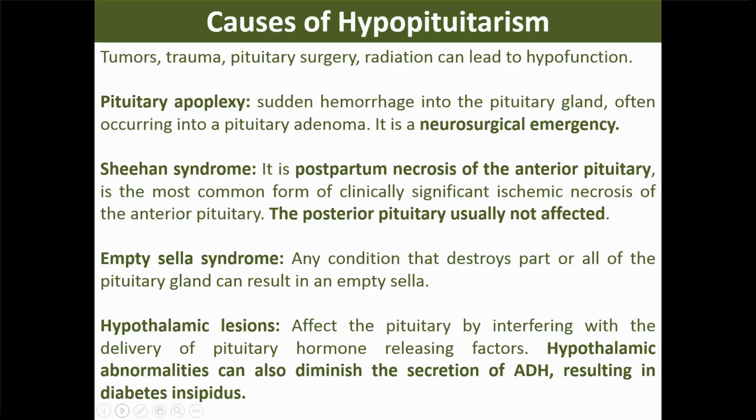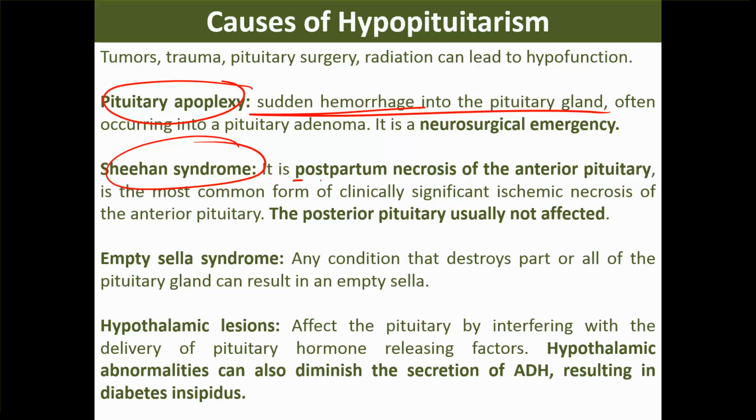So what are the causes for hypopituitarism? First you should remember an emergency situation called pituitary apoplexy. It is sudden bleeding into the pituitary gland, often occurring in a pituitary adenoma. So the bleeding happens into the pituitary adenoma and destroys the pituitary. Now coming to Sheehan syndrome, which is postpartum necrosis of the anterior pituitary.